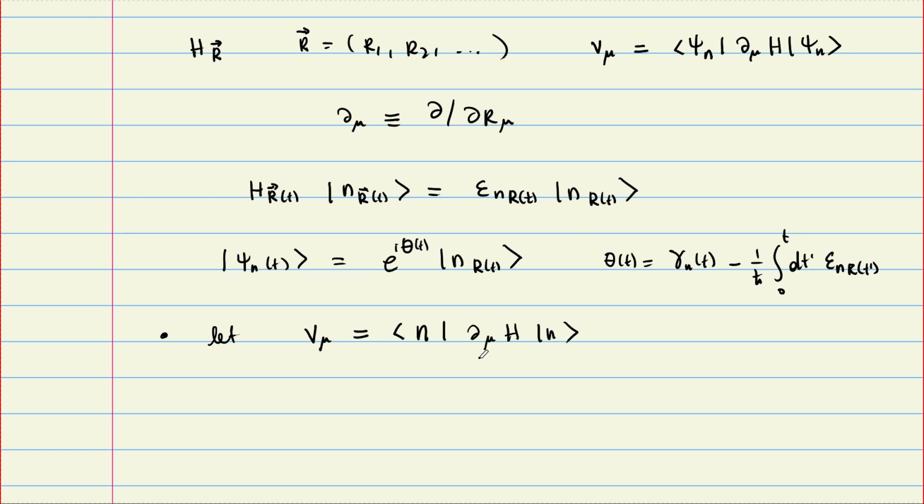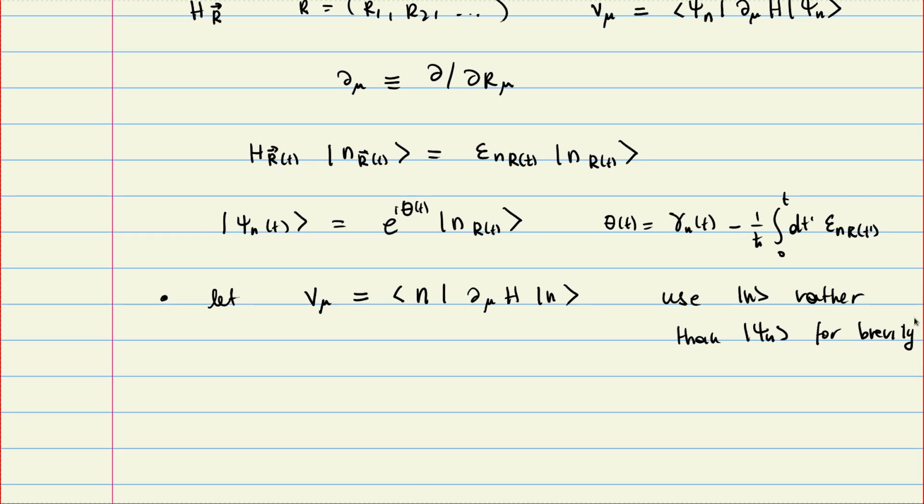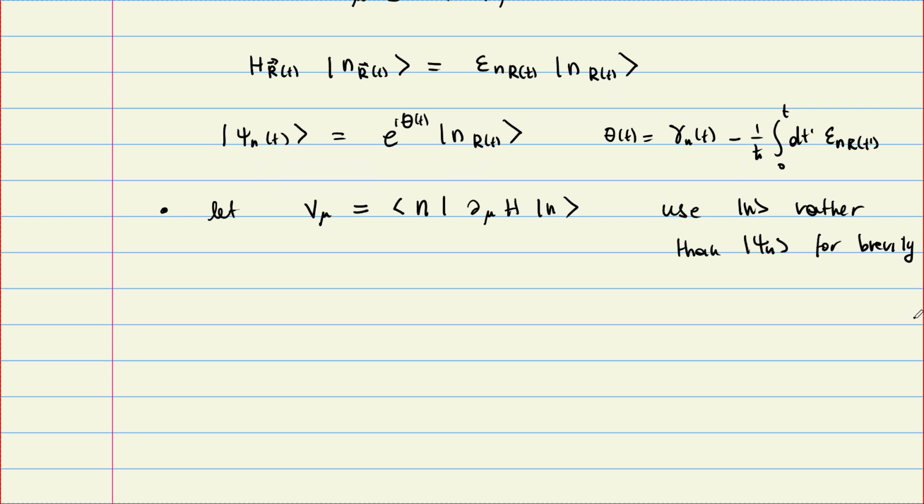This is the thing I want to calculate. So use n rather than psi n for brevity, and you can do the longer calculation for yourself if you have the appetite.